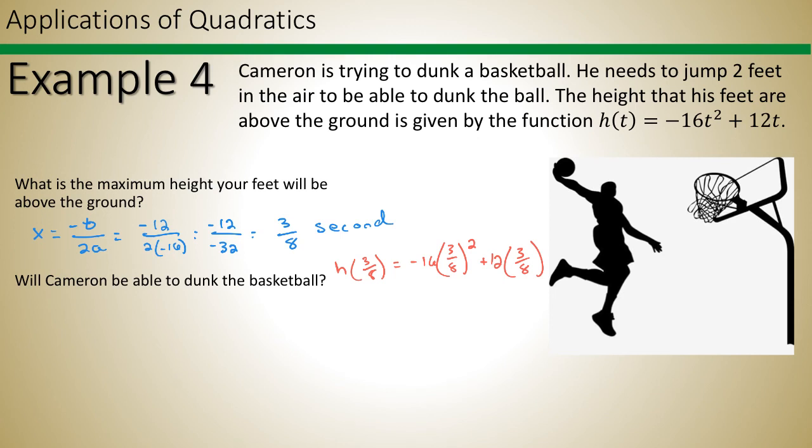Okay, so if we sub that in, we end up with 2.25 feet. So will Cameron be able to dunk the basketball? Yes, he can do it because he can jump more than 2 feet.